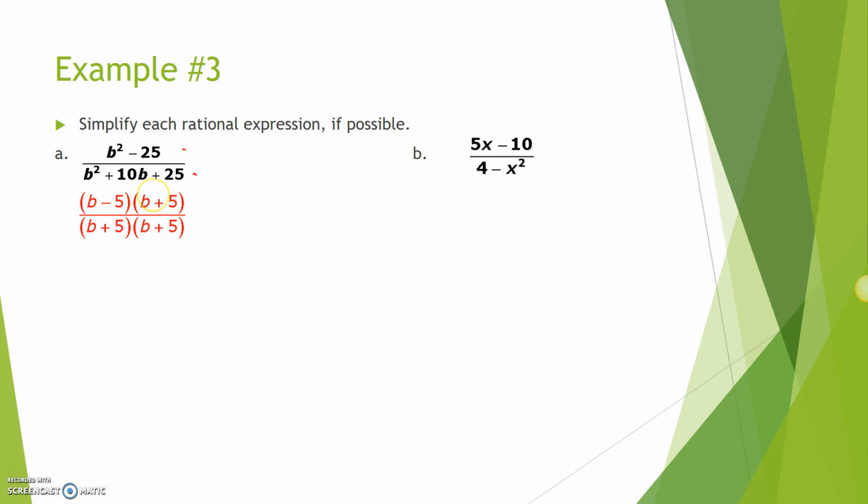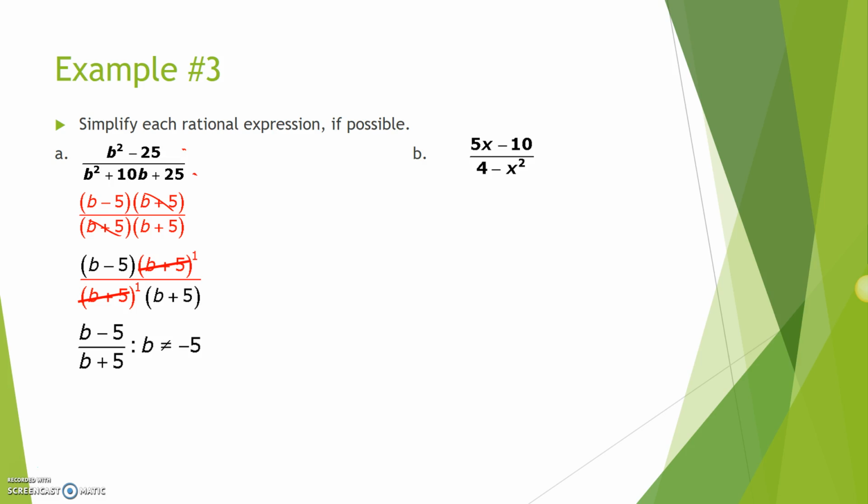For the denominator, we factor and get b plus 5 and b plus 5. Then we divide out common factors, which is this b plus 5, so I'm left with b minus 5 over b plus 5.